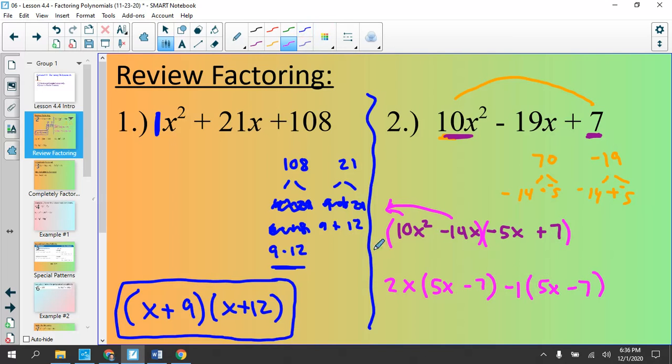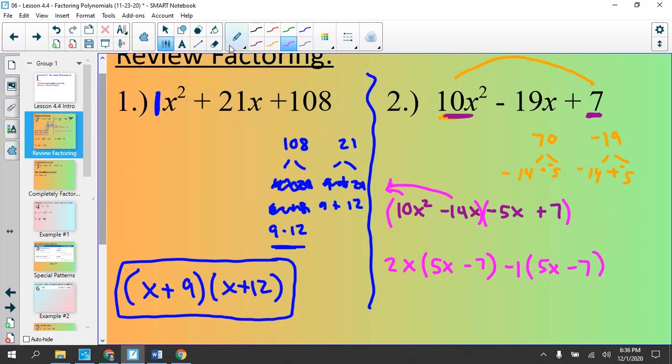So then I actually am ready to put it together now. Whatever's on the outside here and here, you should end up with something in front here, whether it's 1 or whatever, I guess at minimum it would be an x. And then same thing here. If this was identical to this, then I'd say, all right, I factored out a 1, nothing changed. Okay, fine, a 1 came out.